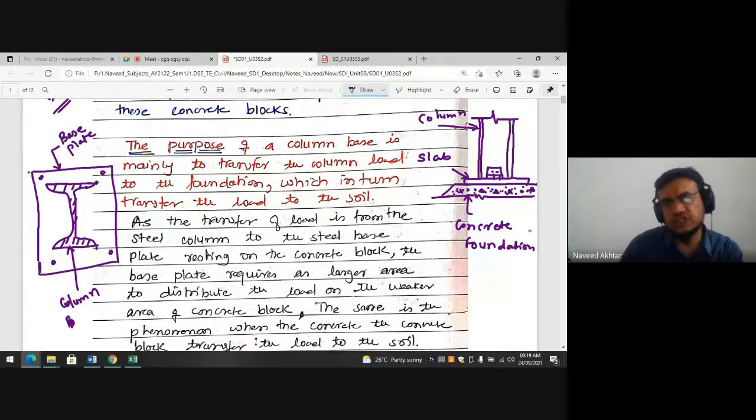Below that concrete foundation there is soil, that is the ground. The load is transferred from the concrete foundation to the soil.